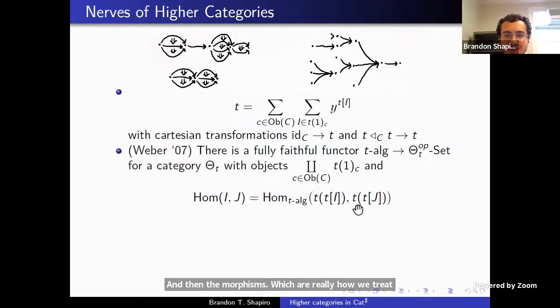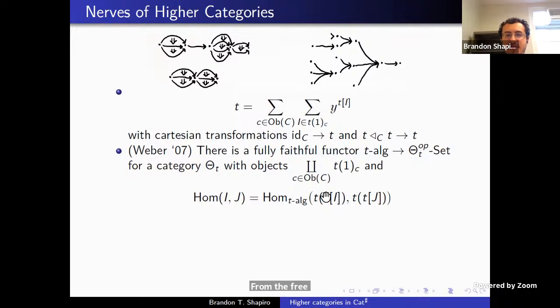The morphisms come from this kind of messy formula, but if we look into it, it's saying that it is morphisms of T algebras from the free T algebra generated by these arity diagrams. So it's the full subcategory of T algebras spanned by the free T algebras on these arities. So that certainly includes inclusions of these arity diagrams as, in this case, two graphs, in this case, what I like to call multigraphs.